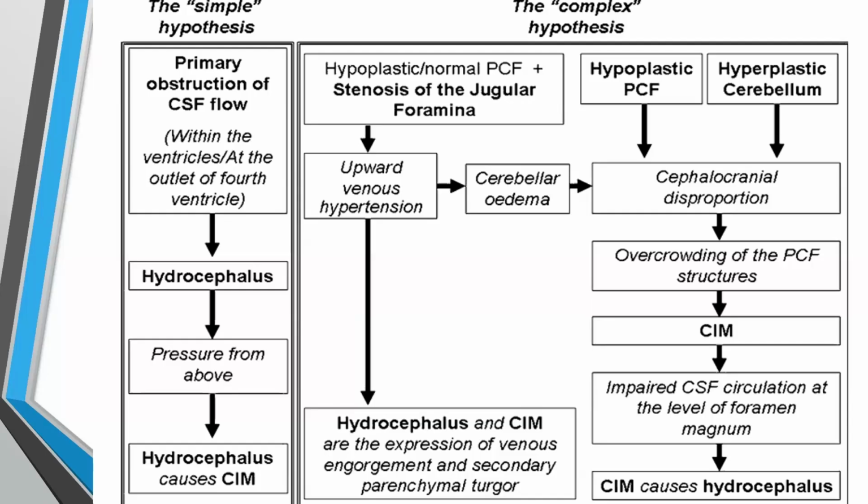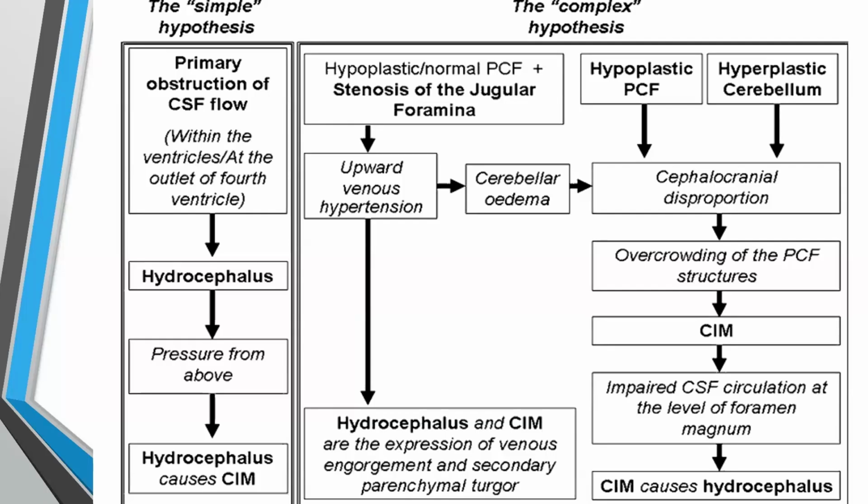You can see it could involve the jugular foramina and the neurovascular structures causing venous hypertension that could cause the hydrocephalus, or lead to more of a cerebellar hyperplasia almost, or edema, and again a disproportion of your cephalocranial volumes, with overcrowding, again leading to the Chiari malformation.